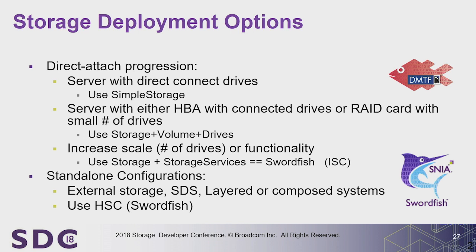So you're starting to go, okay, when do I add Swordfish? Well, this is where you add Swordfish, right? I want to move up, I want to increase the scale, either the number of drives or the functionality. We start to get into any of the stuff we just saw. Maybe it's just storage pools. Maybe I want to start adding that automation.